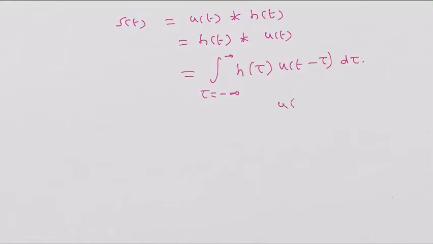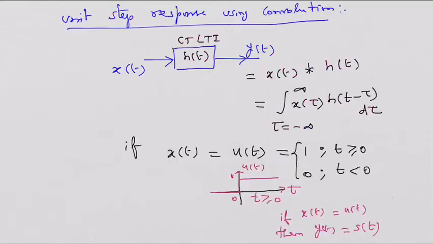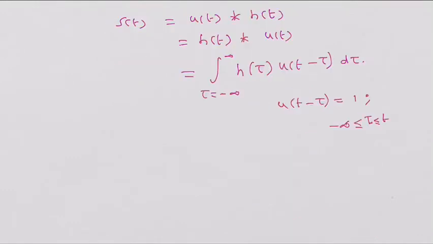But you know very clearly that u of t minus tau is equal to 1 only when the lambda or tau is a value between minus infinity to t. Why? Because in that duration alone, u of t minus tau is 1, folded, shifted by an amount of t units. If you want to have practical representation, I am ready to show you that.